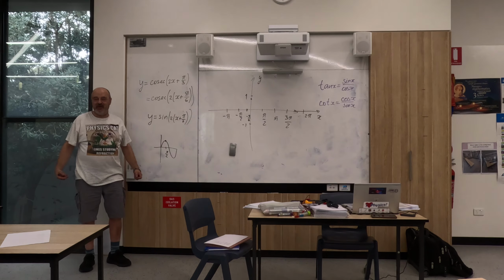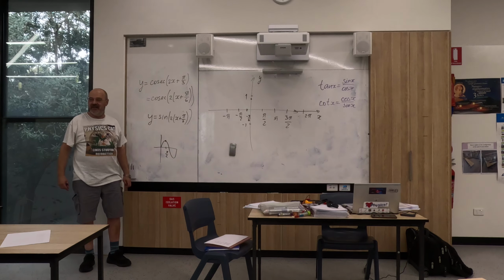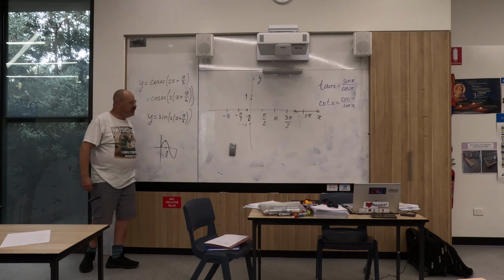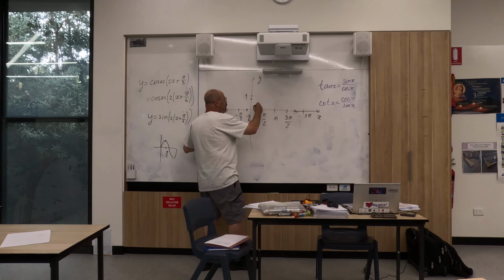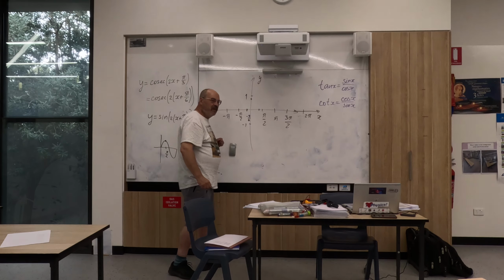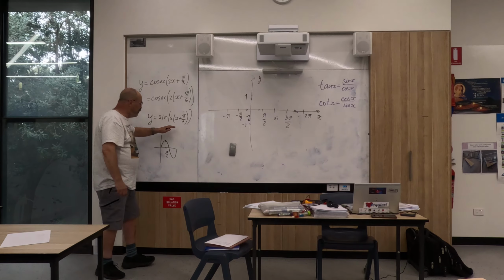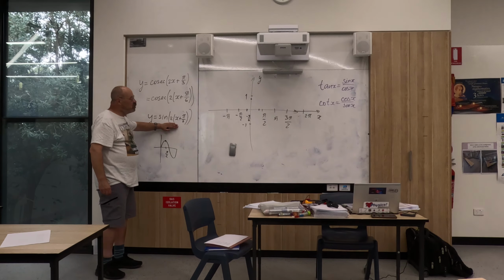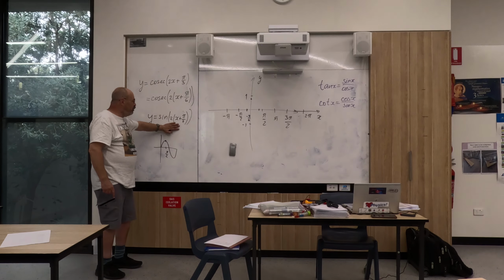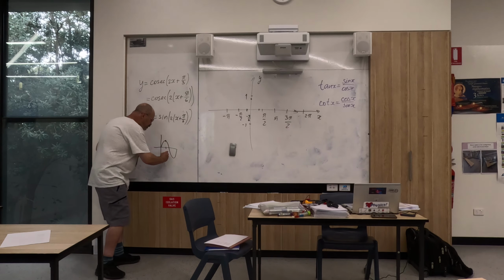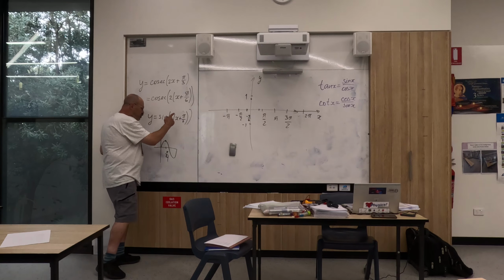But we dilated it, so it's not from pi on 2, it becomes pi on 4, because we have this 2.